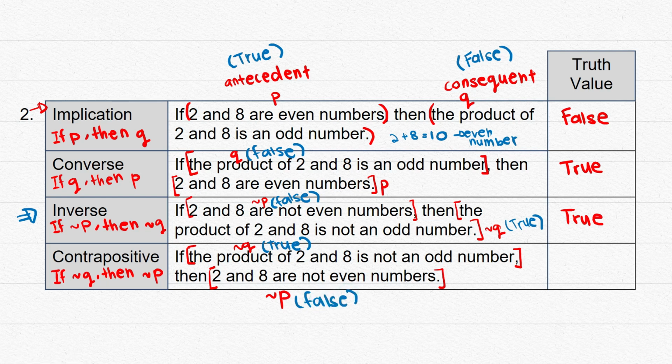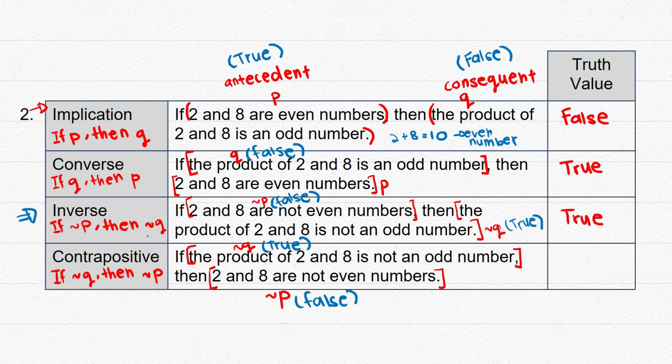Then we know that the antecedent for the contrapositive, which is tilde Q, is true. Which rule applies in this contrapositive? Is it rule number 1 or rule number 2? Rule number 1. Yes, rule number 1.